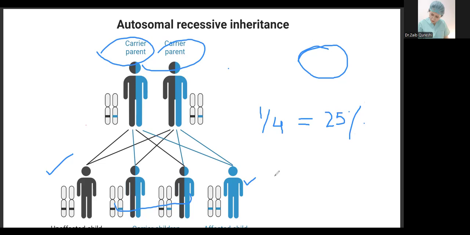Don't get confused if they say 1 by 4, and don't get confused if they say 2 by 4. Just remember that they are talking about 50%. So far, you have understood this concept very well, and I totally believe that when we start the genetics discussion, we can revise and solve the questions very easily.